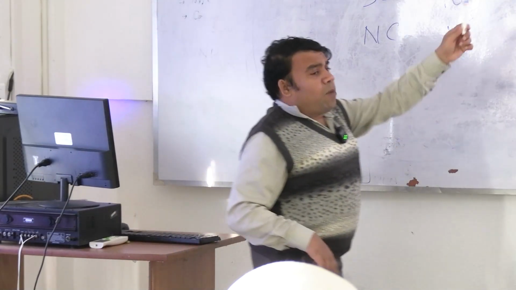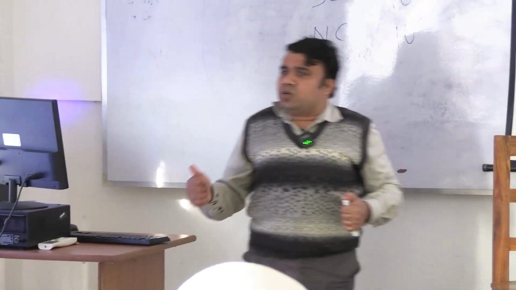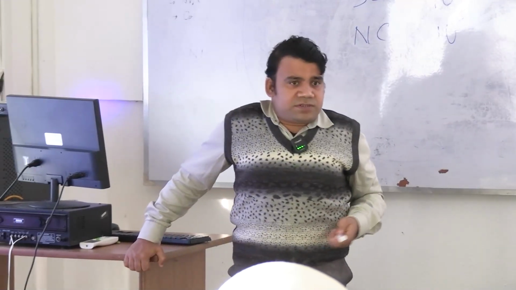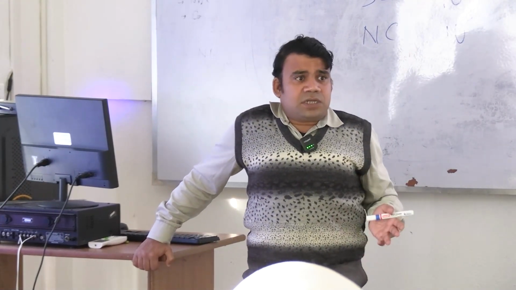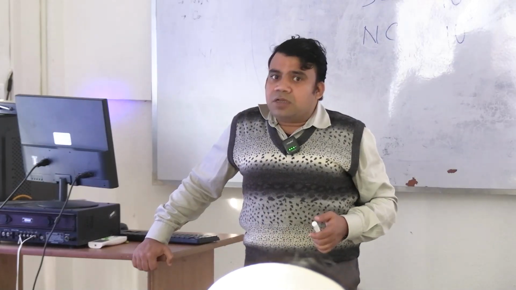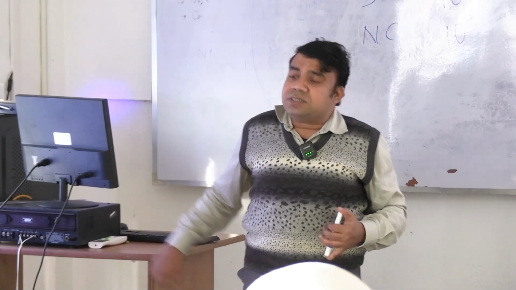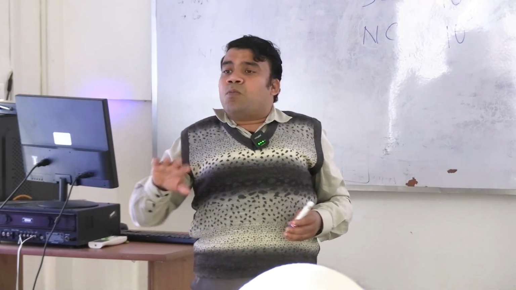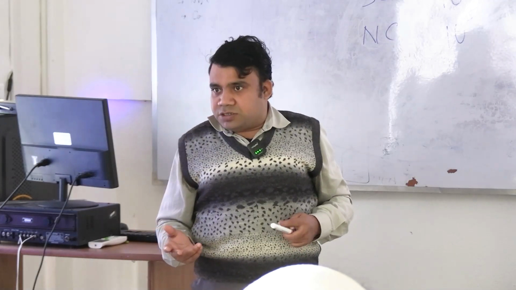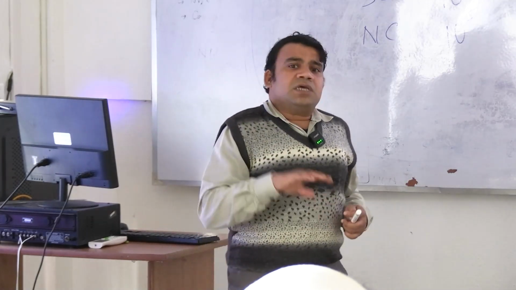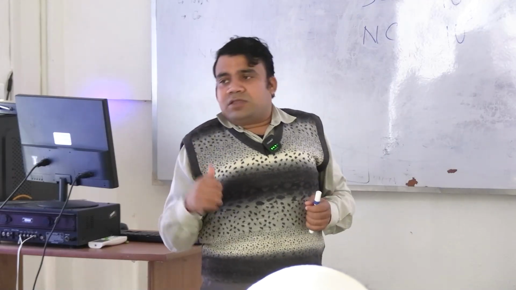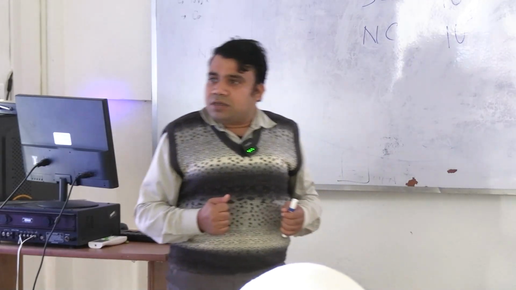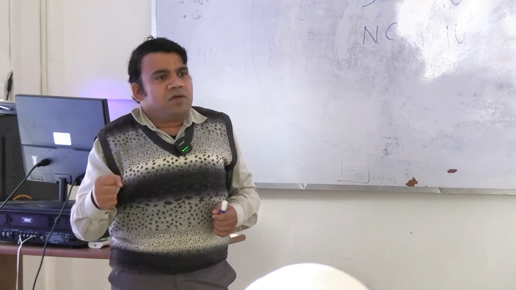Next is from high to low. What is high to low? It is the touch surfaces. Some surfaces are high touch surfaces, some are low touch surfaces. So what is a high touch surface? Surfaces which are more frequently touched. Low touch surfaces are those which are less frequently touched. For example, whenever you enter a room, the first thing that you touch is the grab handle of the door.